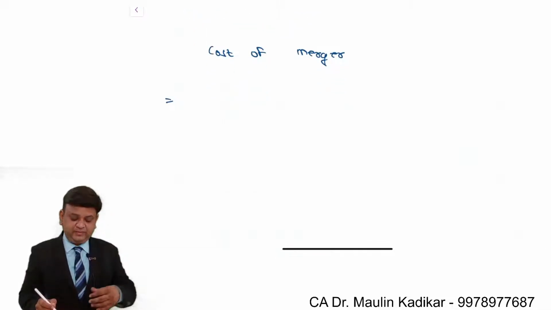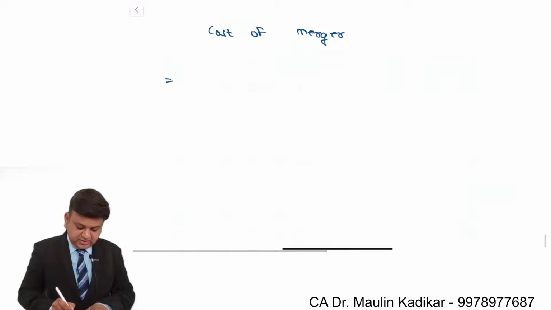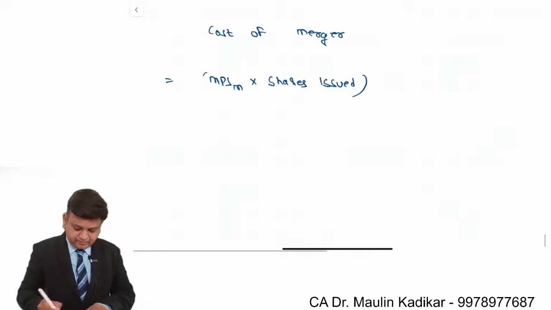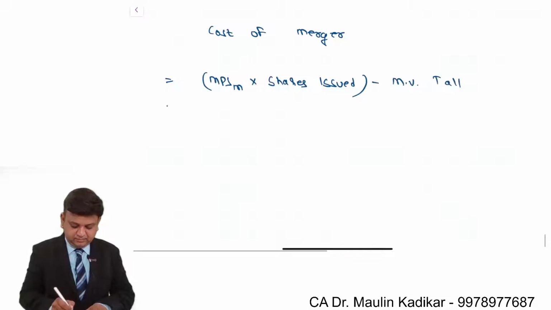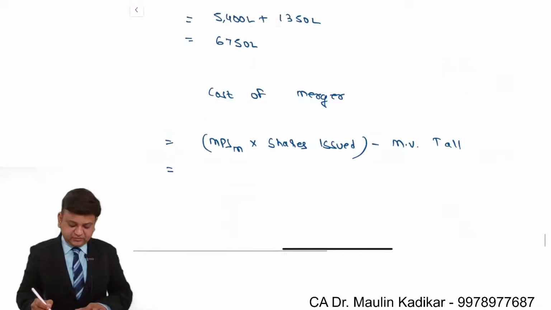So cost of merger can be calculated like this. It is MPS of the merged firm into shares issued minus market value of Tall Limited. What is MPS of the merged firm?